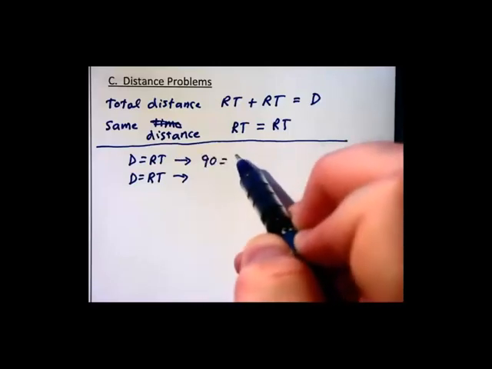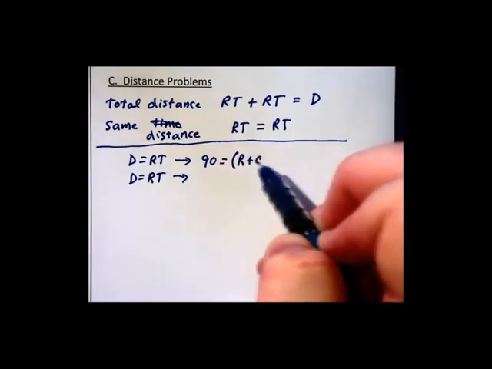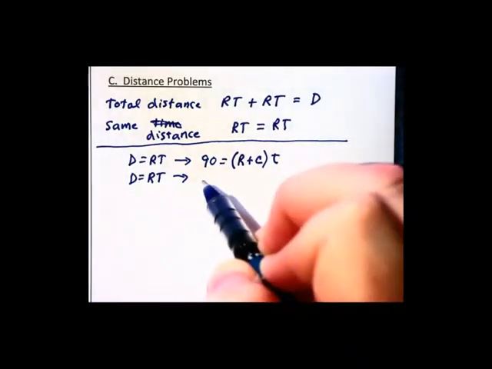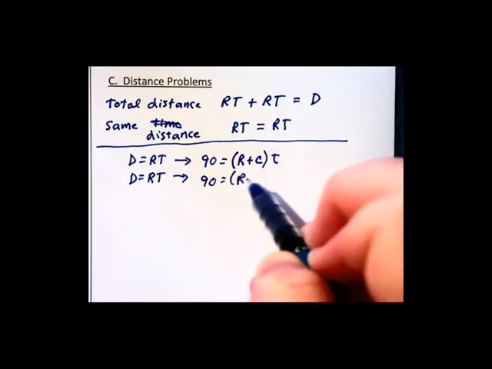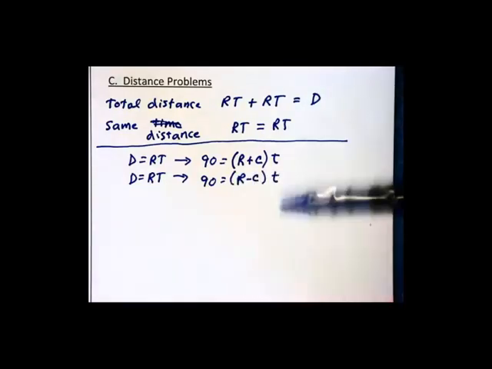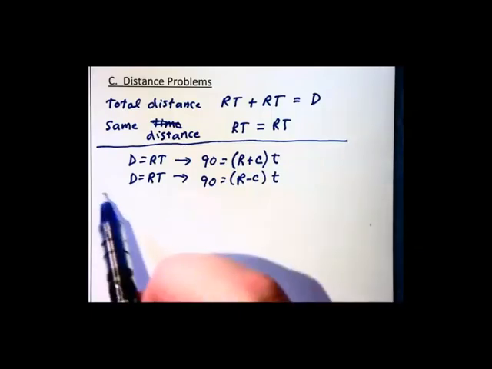It's going with the current, so it gets an R plus C for so much time. And then we have the same distance, perhaps 90 again, against the current for some amount of time. What we usually do here is divide through by the time, and we have equations with R plus C and R minus C, which we can add together to cancel out one variable.